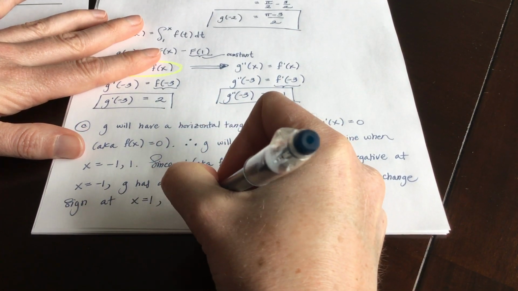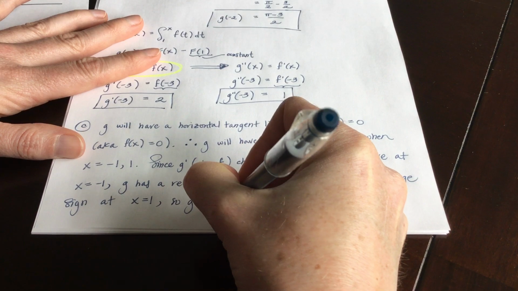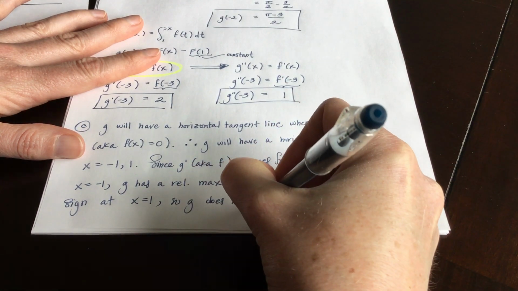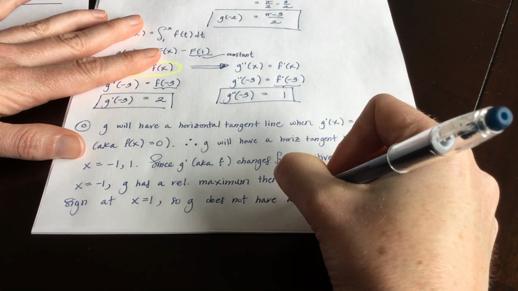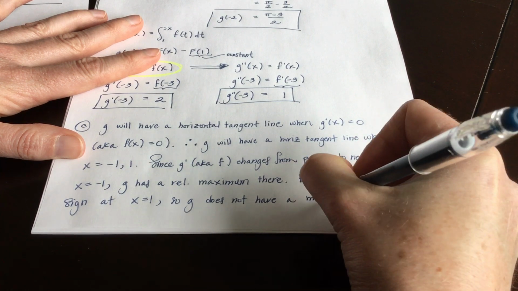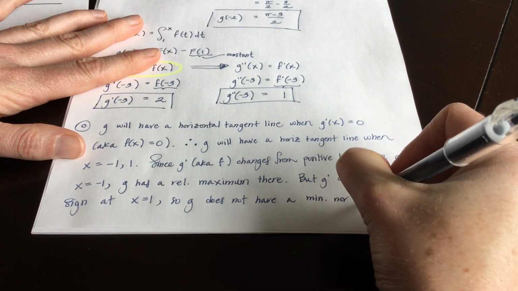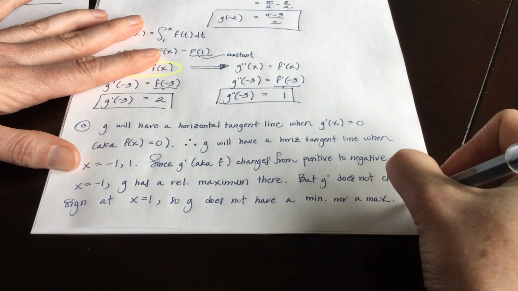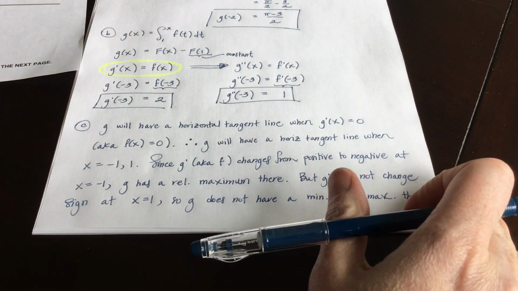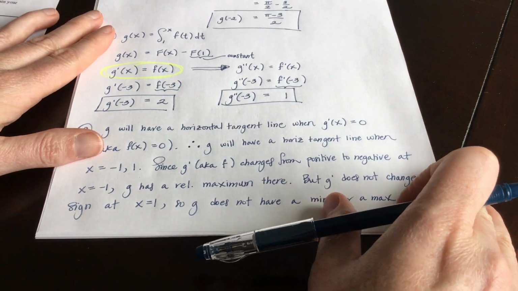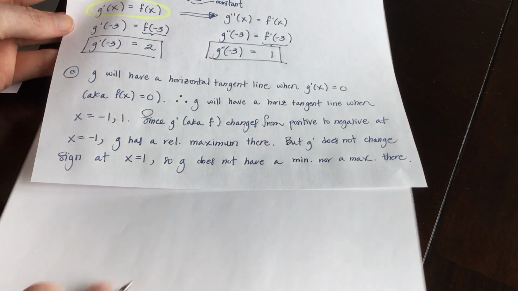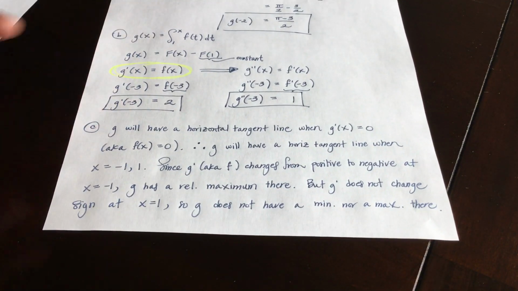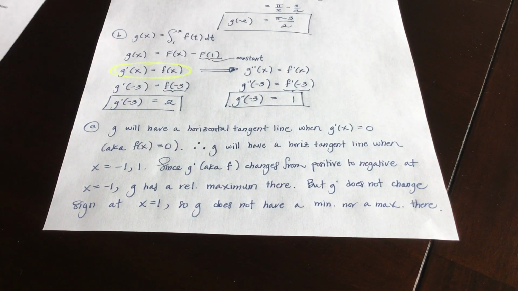So the graph of G does not have a minimum nor a maximum there. There we go. And that's it for part C. All right. And moving on to part D.